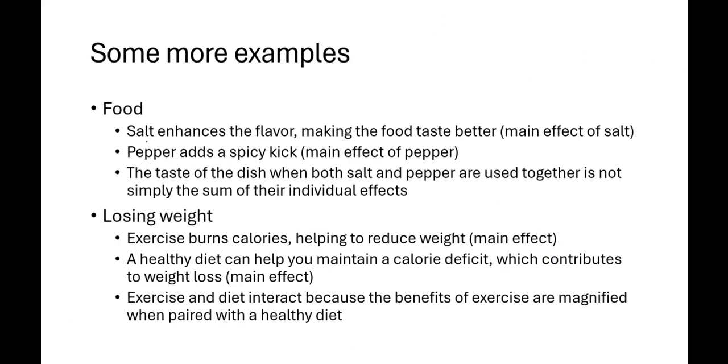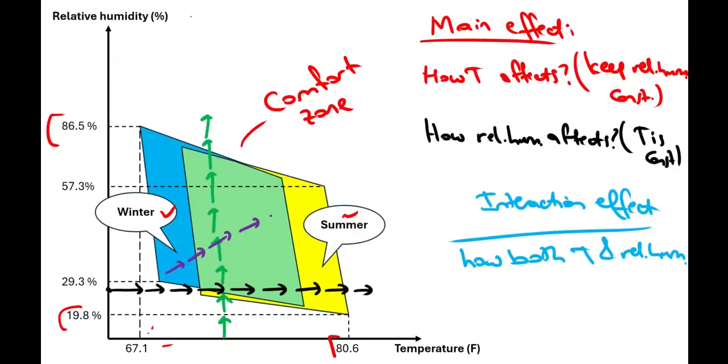The second one: we have salt that adds some flavor, we have pepper that adds some spicy flavor, but when salt and pepper are together, the influence is not simply the sum of their individual values. If I go back to this problem, you may be comfortable at a temperature of 60 Fahrenheit. You may be comfortable at a temperature of 75 Fahrenheit.